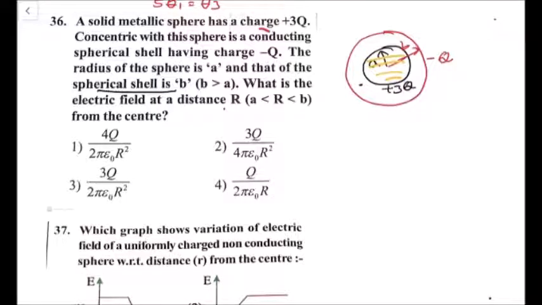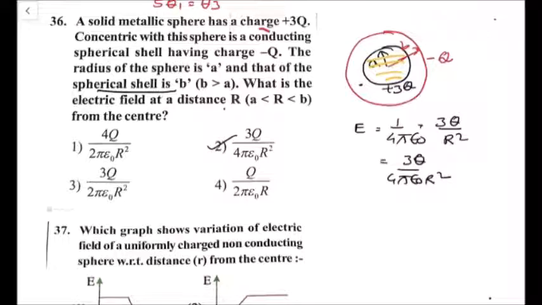So the intensity of electric field E is equal to 1 by 4 pi epsilon naught, the charge is 3q and the distance is r. So 3q by 4 pi epsilon naught r square. So option 2 is correct for question number 36.